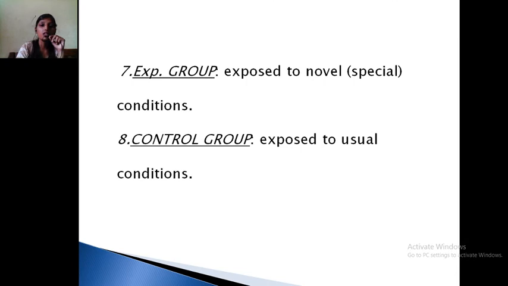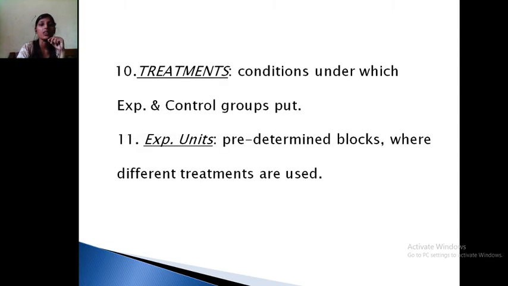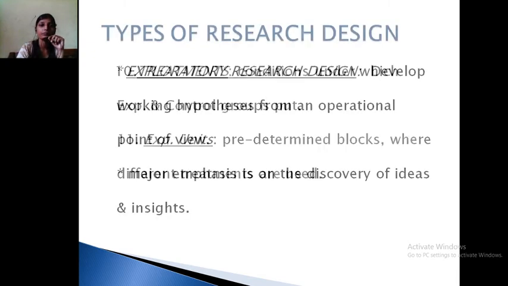The experimental group is exposed to the special conditions for the research, while the control group is exposed to the usual condition for the research purpose. The treatments are the conditions under which experimental and control group are put. Experimental units are the predetermined blocks where the different treatments are used.